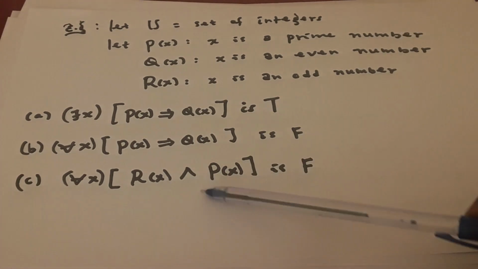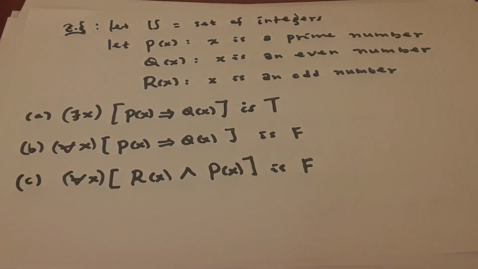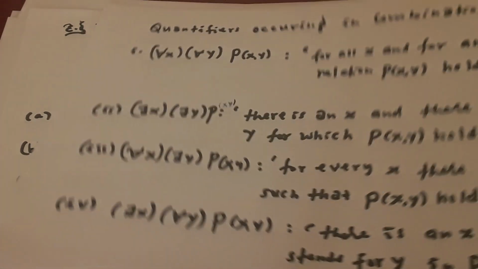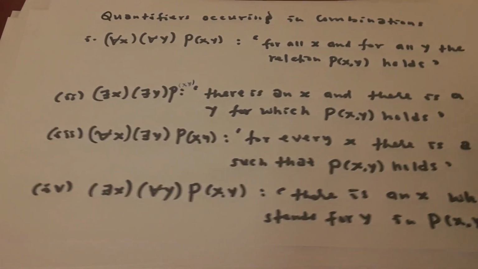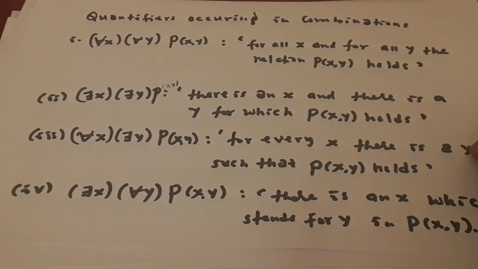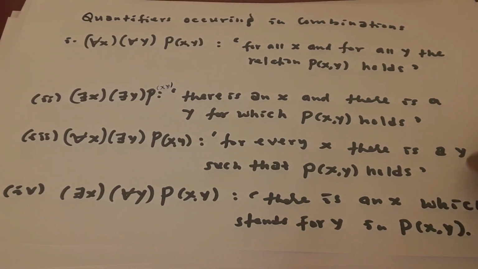True and false is false. So this is how we compute combinations of compound propositions using quantifiers and logical connectives. Now let's move to quantifiers occurring in combination.